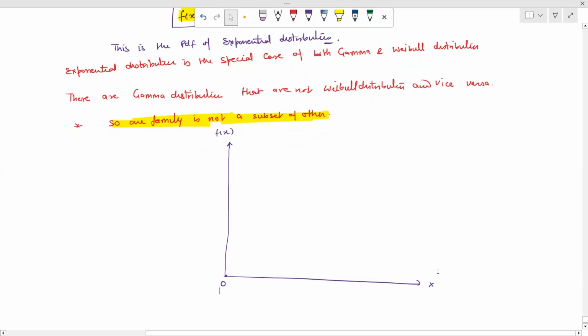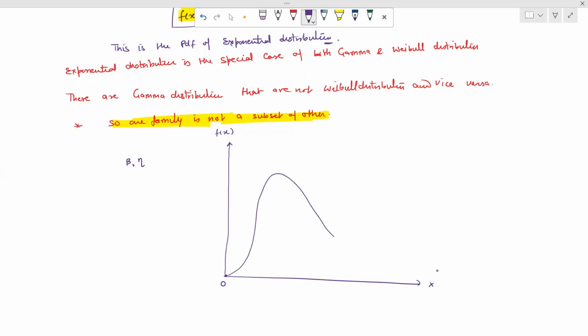So now we are drawing the graph based on 2 parameters, beta and eta. When we draw the graph, suppose we draw it in this way, we consider the value of beta equal to 2 and eta equal to 0.5.